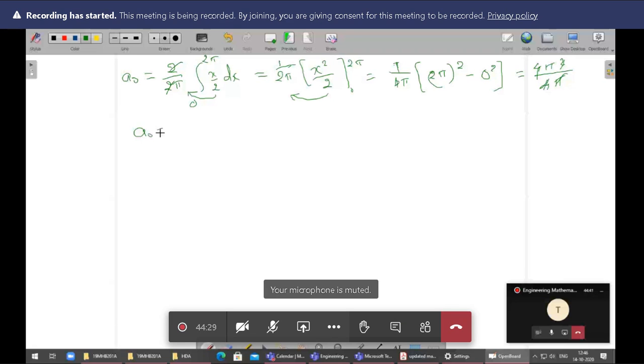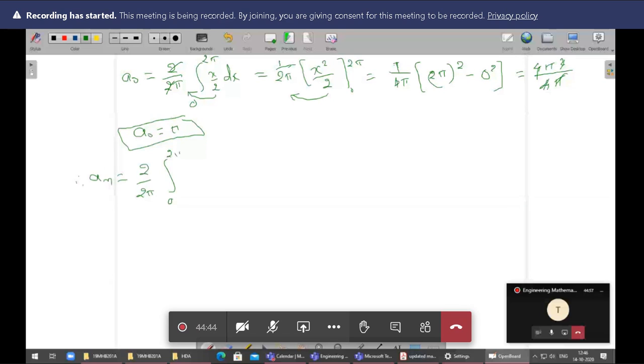Next I need to find a n, where a n is 2 by t, so 2 by 2 pi integration from 0 to 2 pi, again c to c plus t, f of x is given as x by 2, and cos 2n pi x divided by 2 pi into dx.